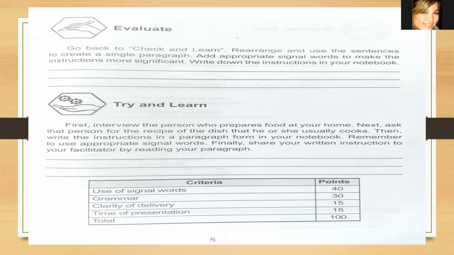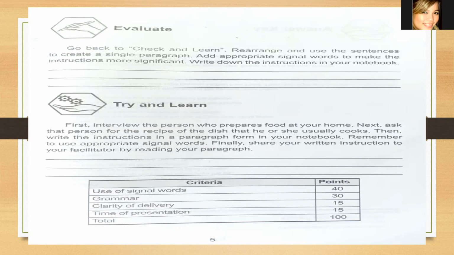All you need to do is first interview a person, pwede si mama, si papa, si ate, si kuya, who prepares food at your home. Next, ask that person for the recipe of the dish that he or she usually cooks. Then, write the instruction in a paragraph form in the answer sheet. Remember to use appropriate signal words, okay? Finally, share your written instruction to your facilitator.